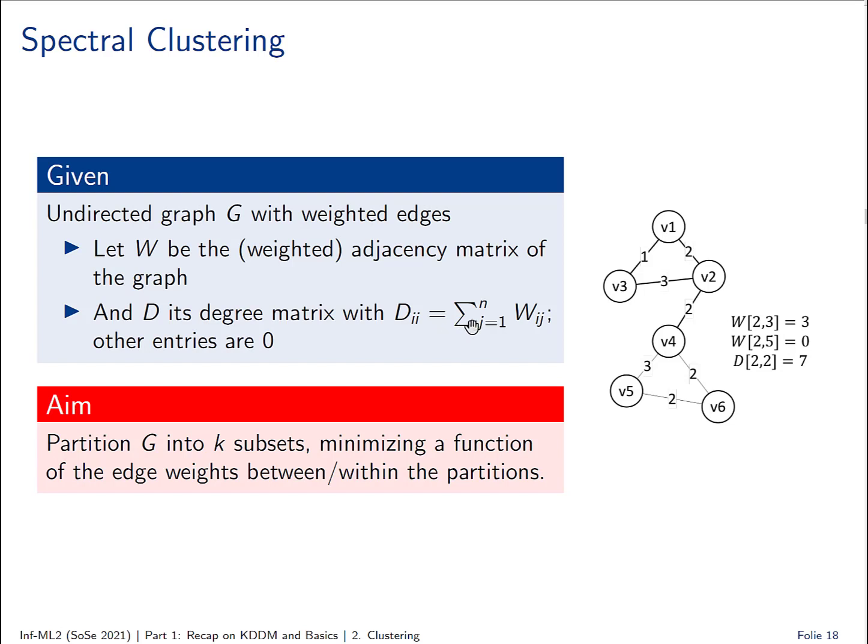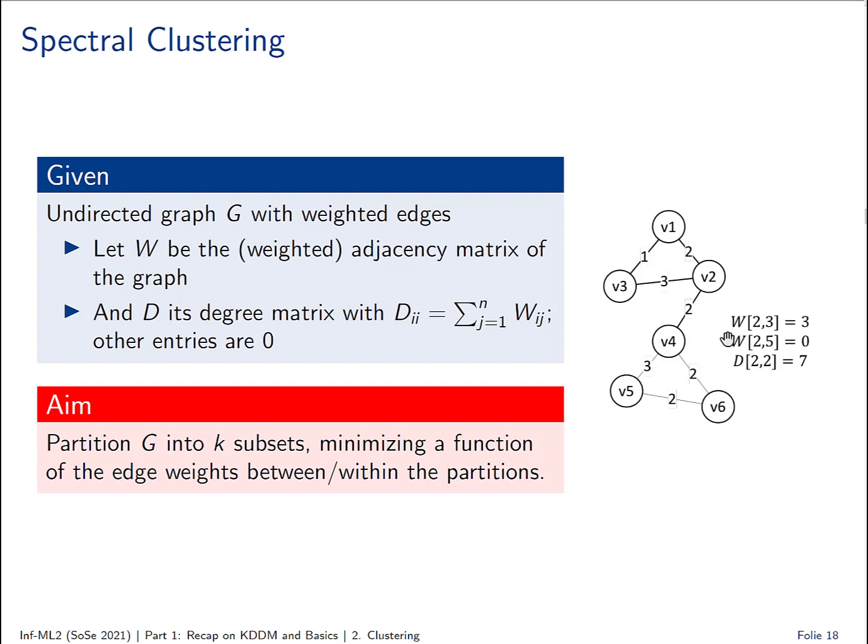On the diagonal of this matrix, we have the entries for the corresponding node, for the corresponding object. What we compute at the diagonal is the sum of all the weights from this node to all the other nodes in the weighted adjacency matrix. So that is the simple one.